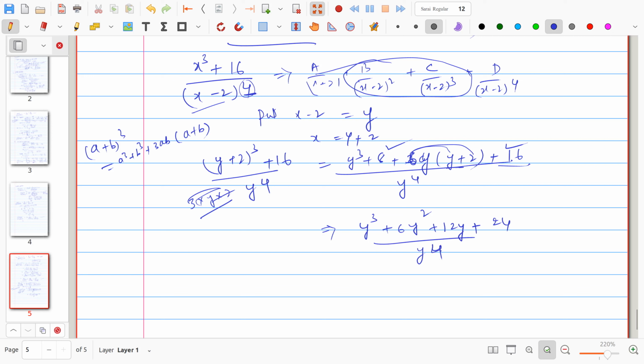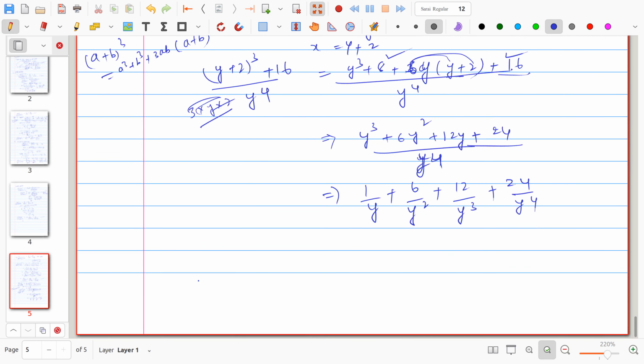Now you divide each term by y raised to 4. y cube divided by y raised to 4 leaves 1 by y, 6 by y square remains, 12 divided by y cube remains, and 24 divided by y raised to 4 remains. I am dividing each term by y raised to 4, and then I get this.